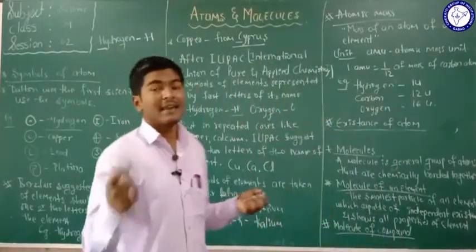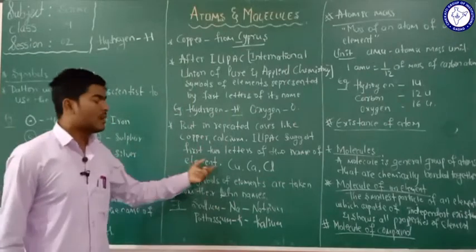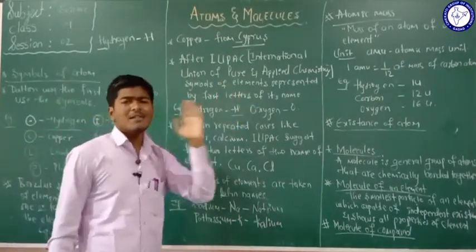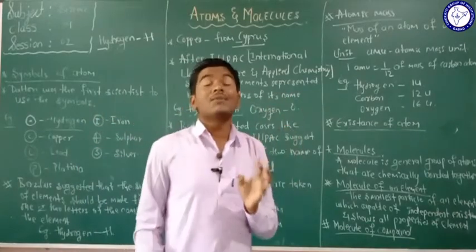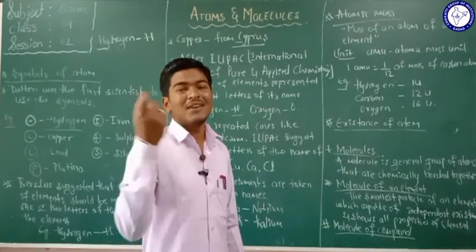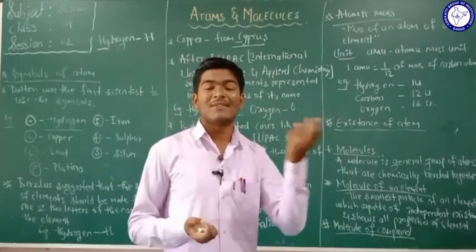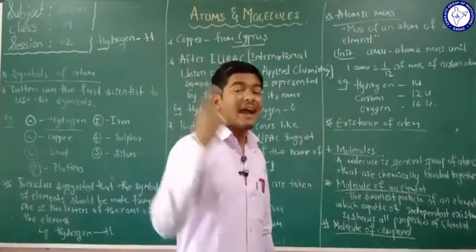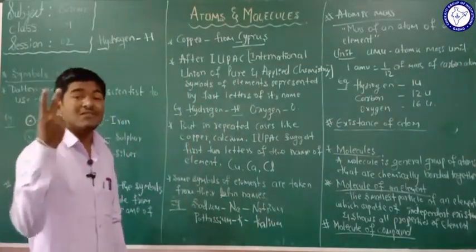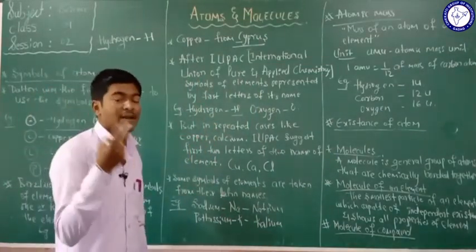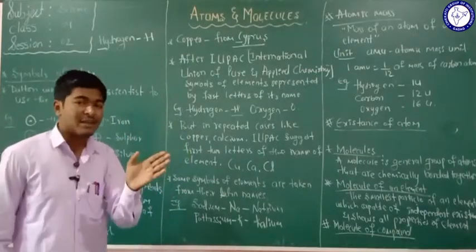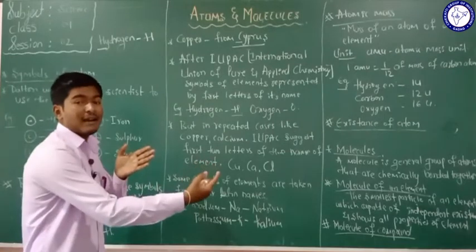I am taking copper, calcium and carbon; they all start with C. If we name the elements from the first letter alone, it is very confusing to tell the different elements apart. In that case, IUPAC suggests we should use the first letter of the element and also the remaining letter.